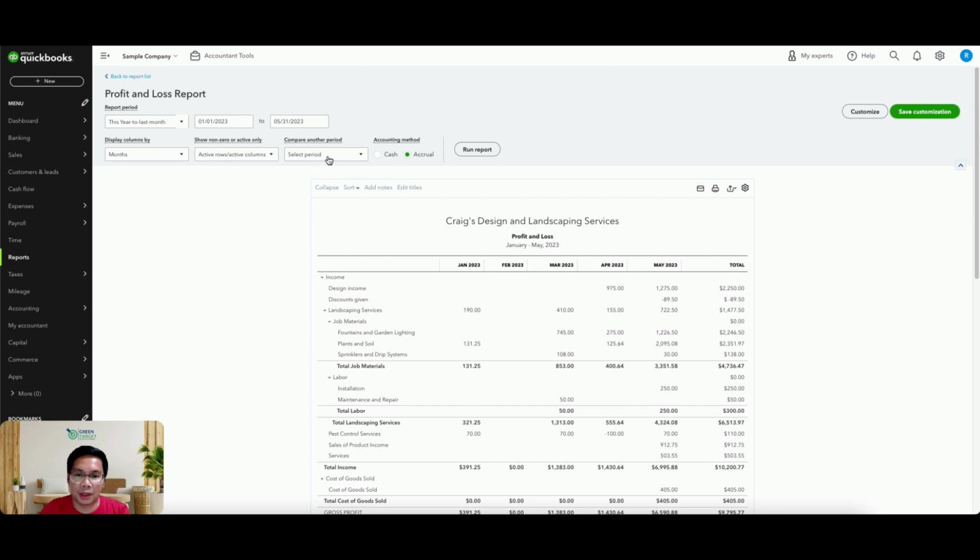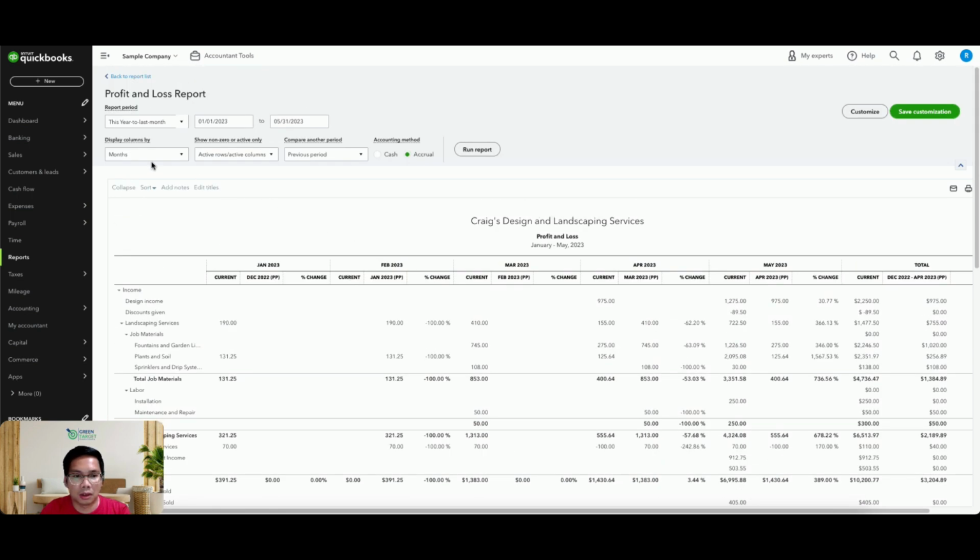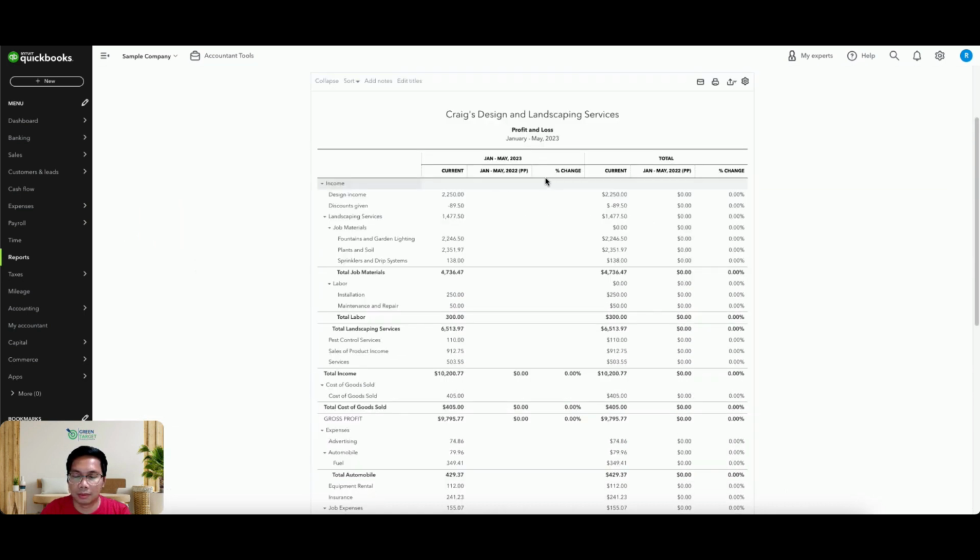We can further customize it by comparing it to another period or previous year or year to date or percent of income, whichever you need. So let's try comparing it to previous period and select percent change. Monthly is not ideal. Let's use years instead.